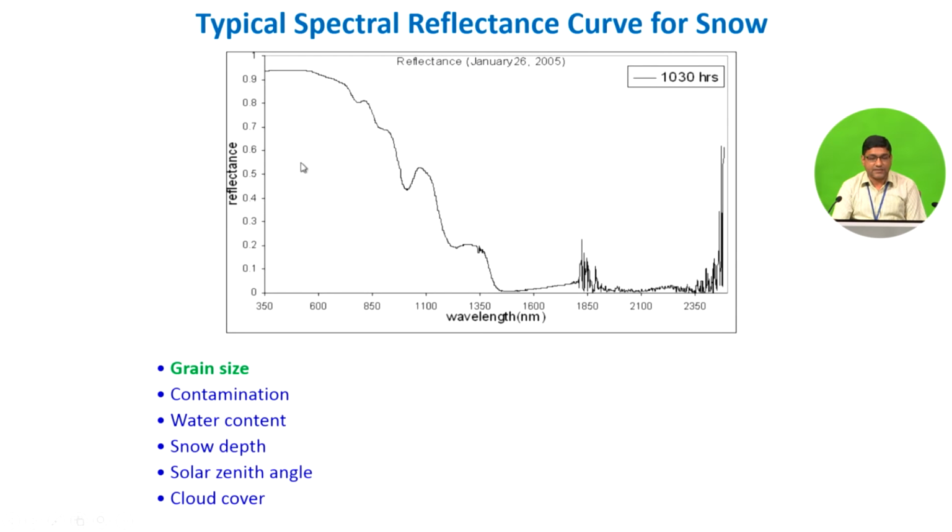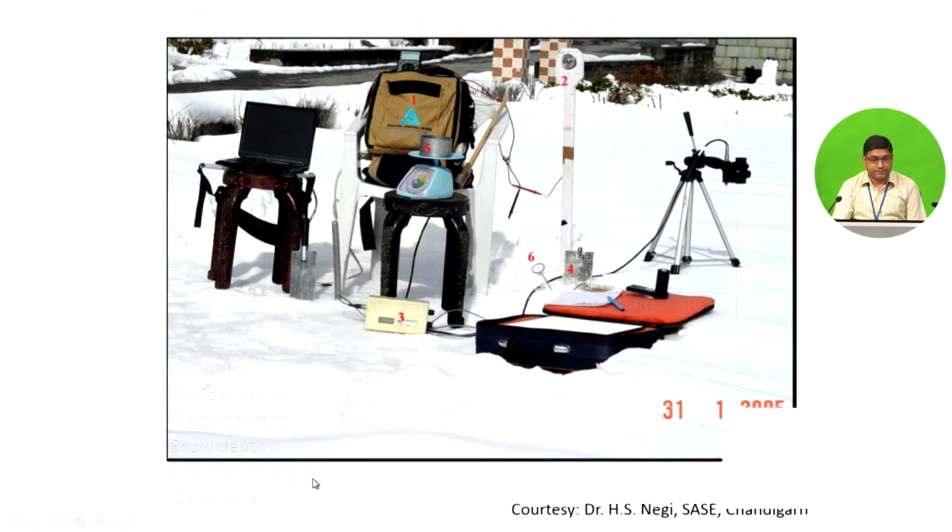So this is the typical spectral curve of snow. As you all know, snow reflects more in the visible region and it goes on decreasing with the increase in the wavelength. There are factors which affect the snow spectra, like grain size, contamination, water content, snow depth, solar zenith angle, and cloud cover.